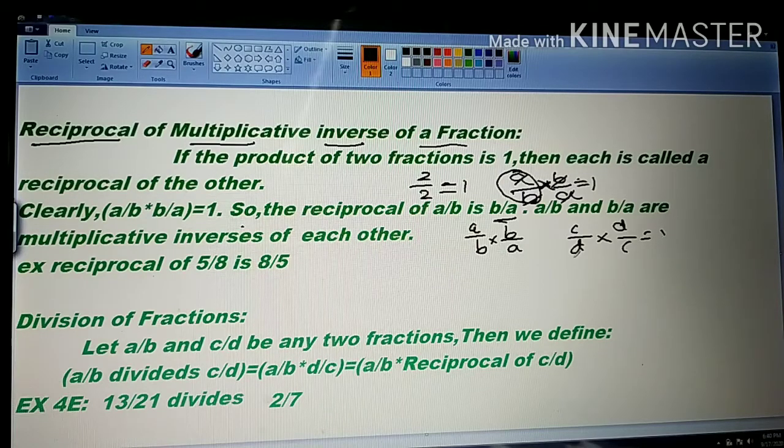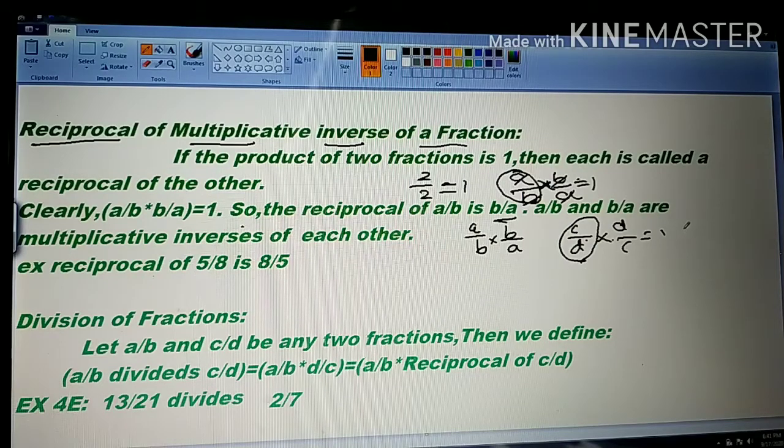If you multiply the original fraction with its reciprocal, you will get 1. Then these become multiplicative inverses of each other. This is the reciprocal of this one, and this is the reciprocal of c by d.